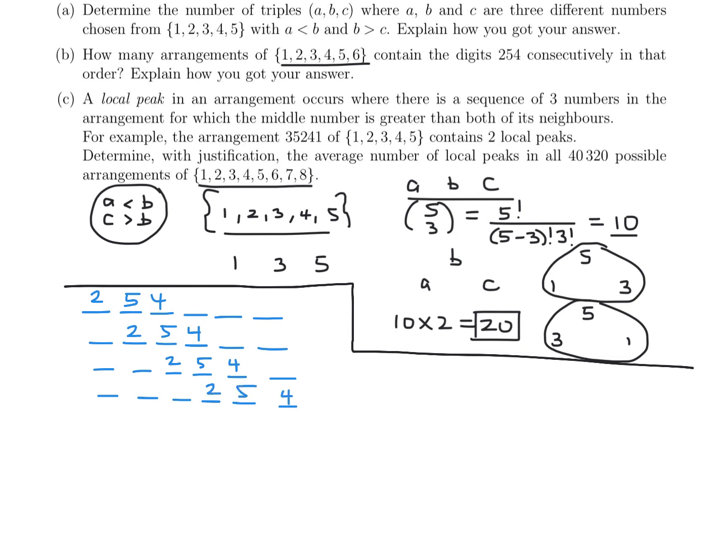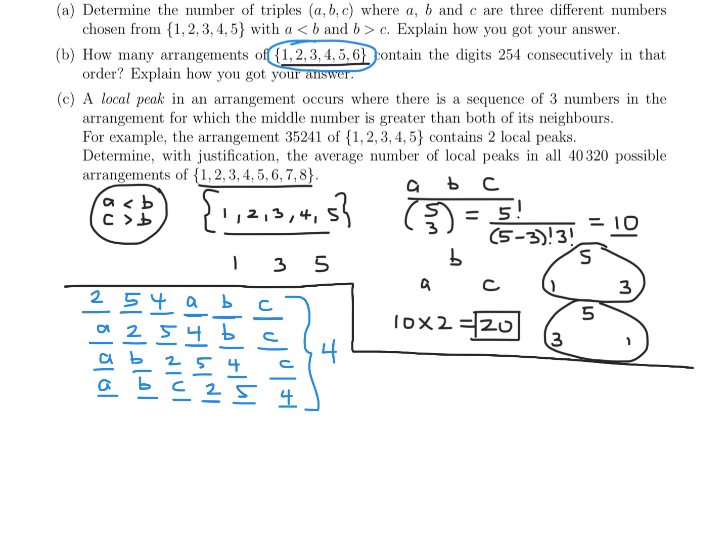Now you say, well, what about the other numbers? What goes here and what goes here? Well, we'll just call them A, B, C for now. Obviously, the other 3 numbers from this set right here. Now, this is 4 different ways of doing it. So keep that in mind. That number is going to be important, 4.